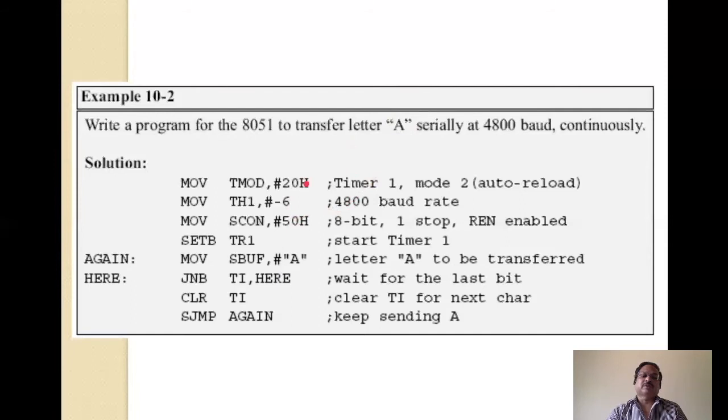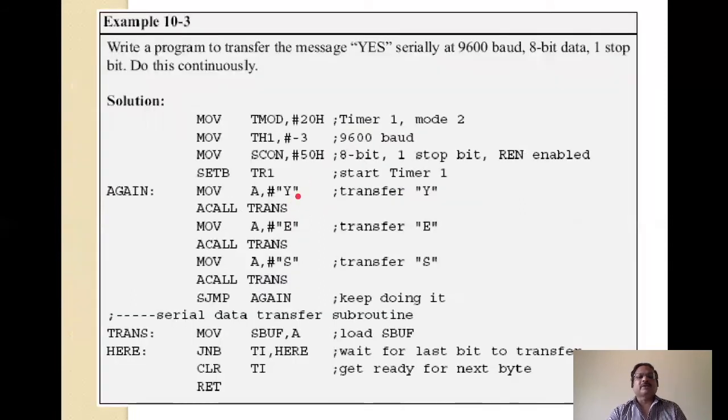Suppose you want to transmit some message. So let us go through the next example where you can see the message YES that is to be serially transmitted at the baud rate of 9600. Okay. So what you have to do again, initialize the registers, TMOD with 20H, TH1 with -3, SCON with 50H.